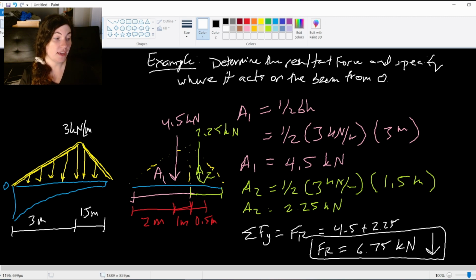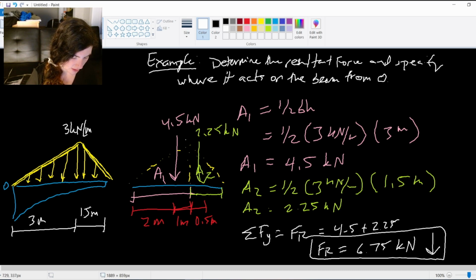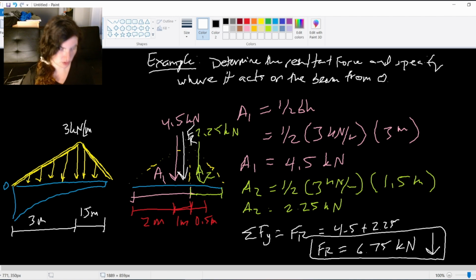For our location, we can do a few different things. We can do the centroid integral if we so desire. It would be a lot more complicated to do it that way. So instead, we can use the method that we just learned in equivalent forces, where we take the moment about point O and then find where this resultant force FR acts, right?